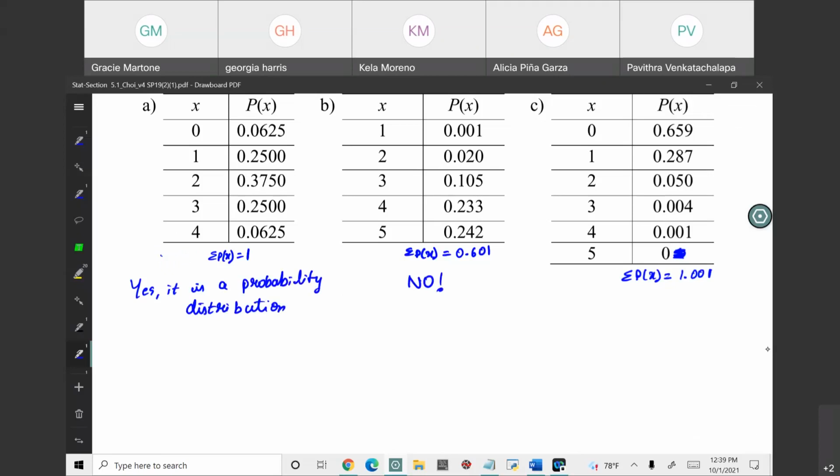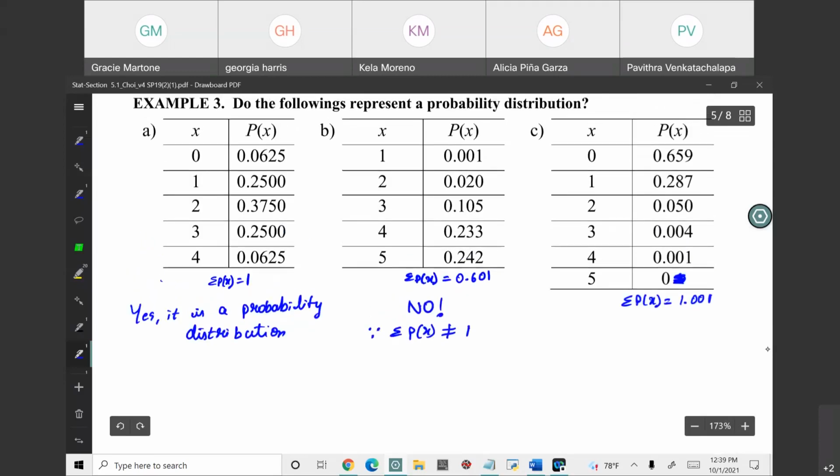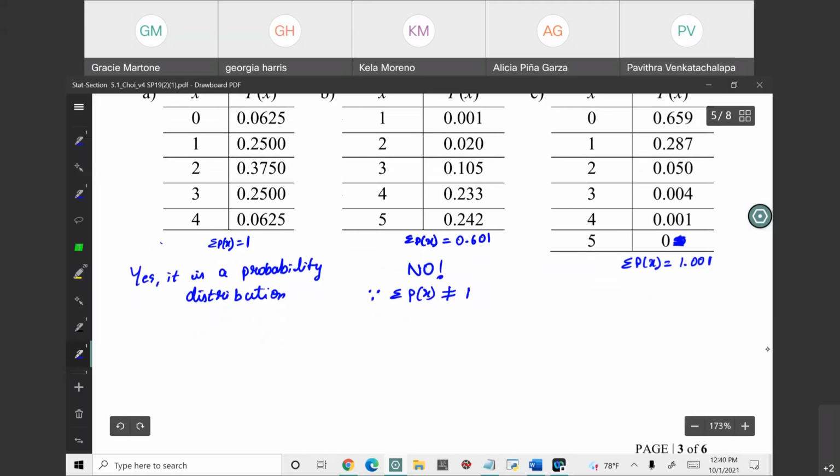Why? Because summation of P of X is not equal to 1. Now, tell me the answer for the third one. Do you think it is a probability distribution? No. Okay. Now, summation of P of X is equal to 1.001, right?